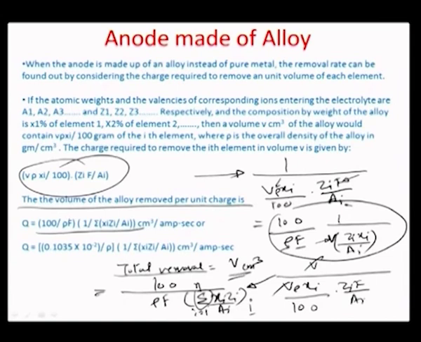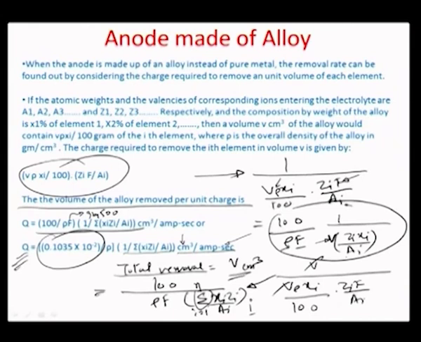For example, if you put the value of F as 96,500, the 100 by F term comes out to be about 0.1035 times 10 to the power minus 2, times rho, and then this whole 1 by sigma xi Zi by Ai is the total volume of the alloy removed per unit charge. Volume unit is centimeter cube and charge is ampere second, and this is very critical for the whole electrochemical operation of an alloy.